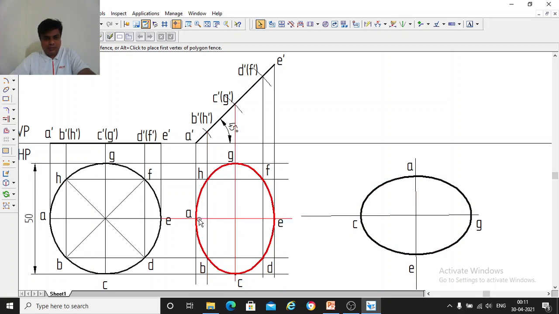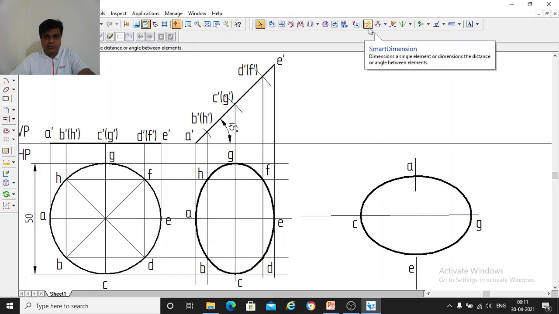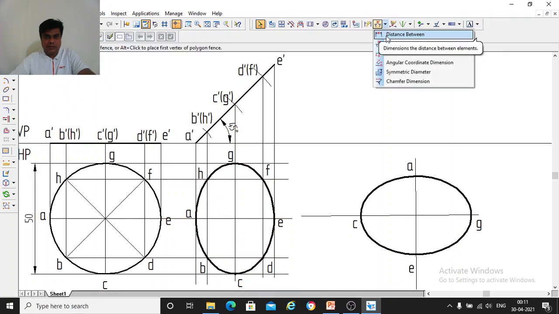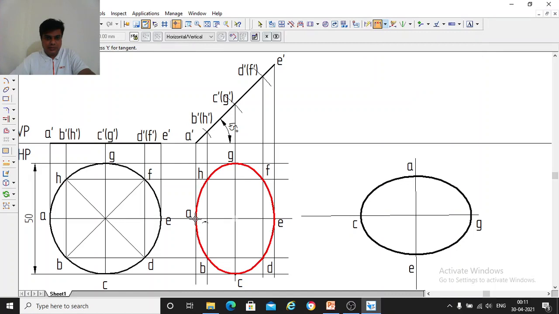So you find out the distance between these two lines.